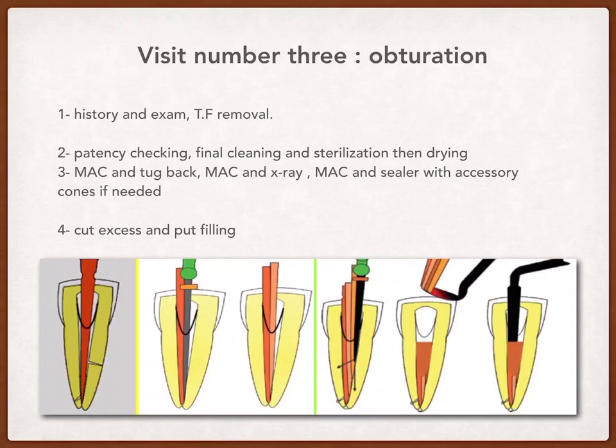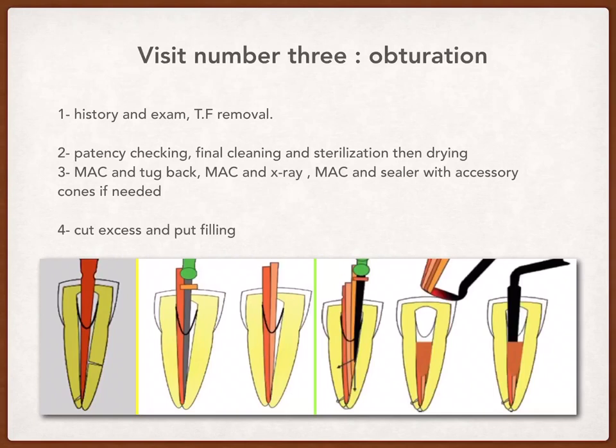Okay, after that we will remove the temporary filling and check patency by inserting the master apical file that we had during the last visit, and that it brought us clean dentin chips.